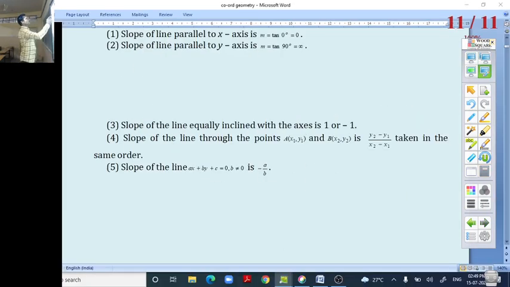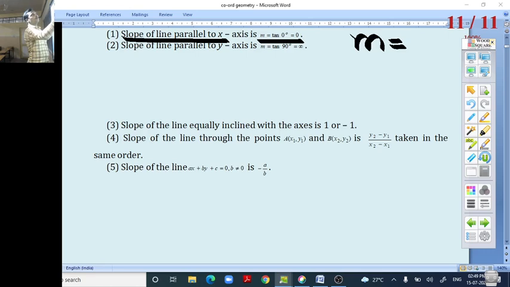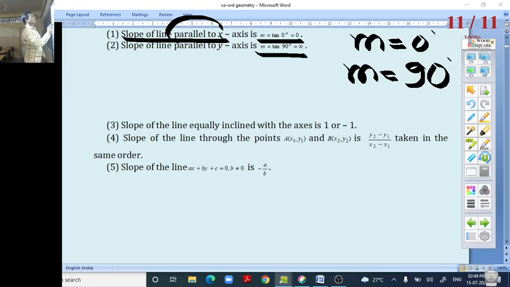The line is parallel to the x-axis if and only if m is 0, that is, whenever the slope is 0, then only the line is parallel to the x-axis. And whenever the angle is 90 degrees, I can say that the line is perpendicular to the x-axis.